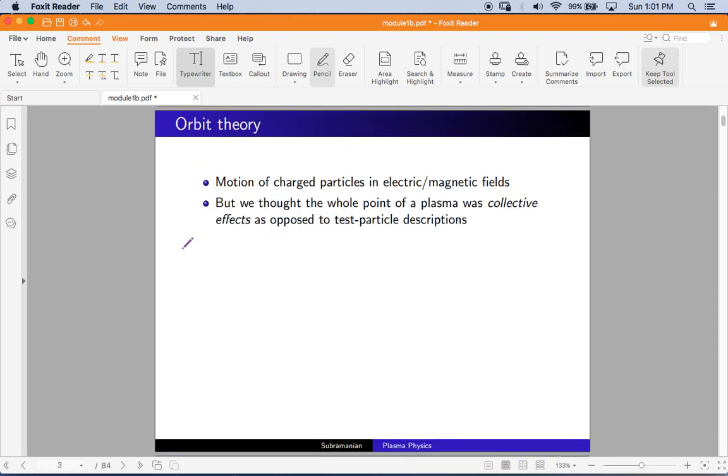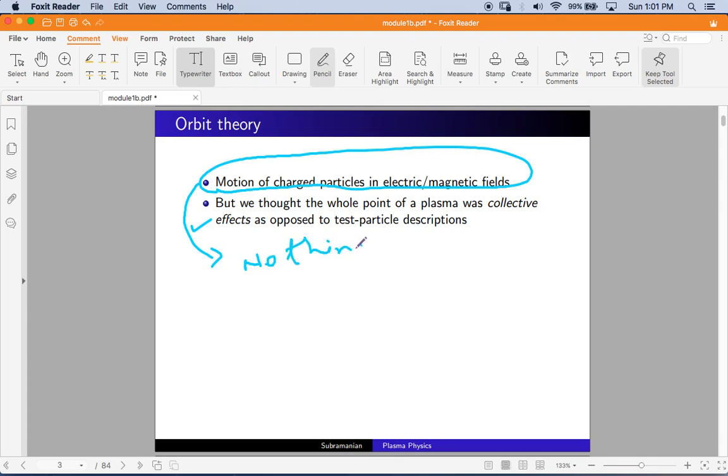We will come to this in a minute, but I just want to emphasize that this is really nothing new for you. You know that the force on a charged particle in an electric field is this.